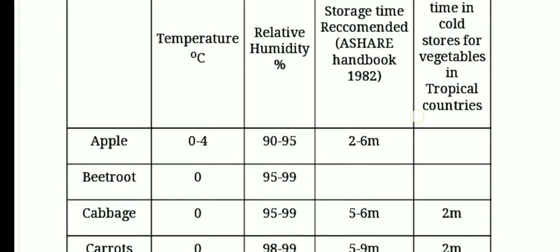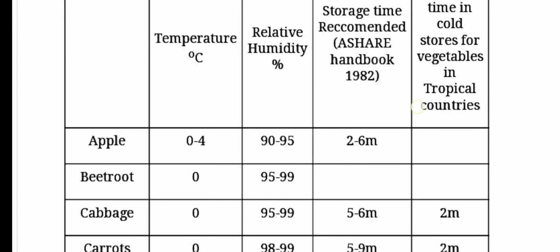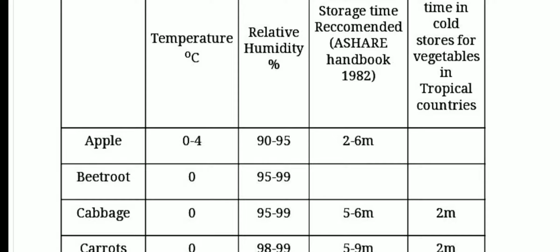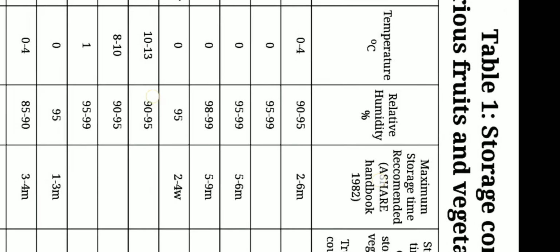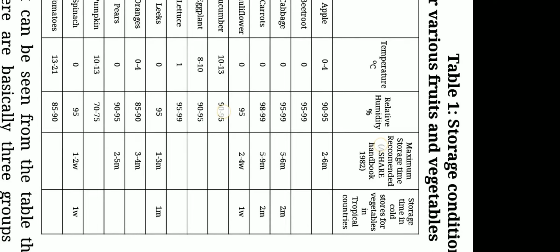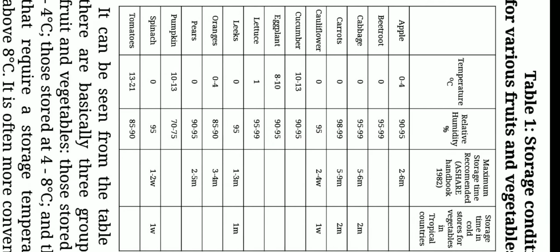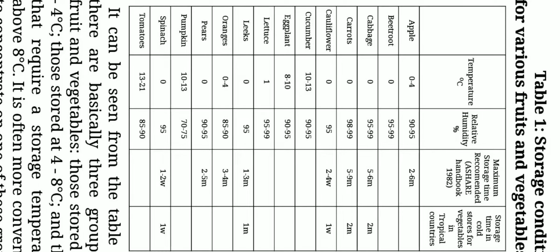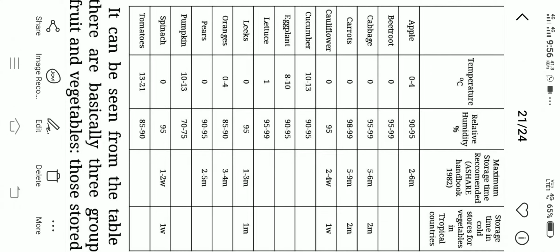So apple, then beetroot, we can see the whole table. Likewise, for apple the temperature requirement is 0 to 4, for beetroot it is 0 degrees centigrade, and for relative humidity we can see 90 to 95, and 90 to 99 for beetroot.